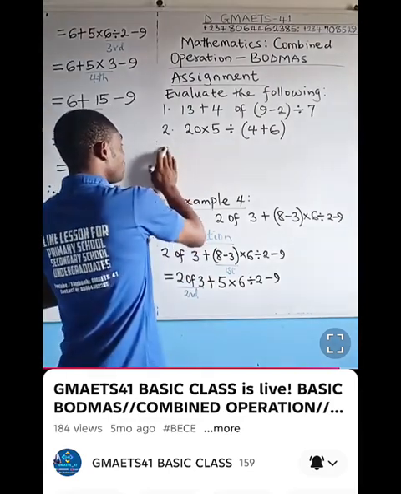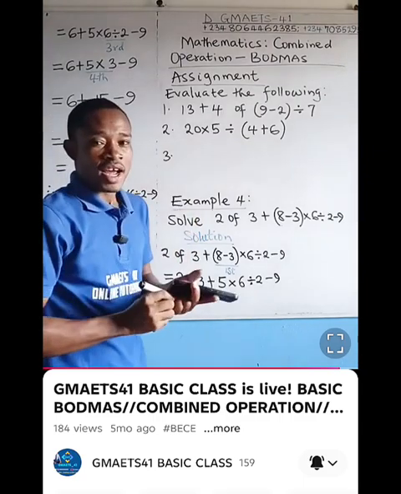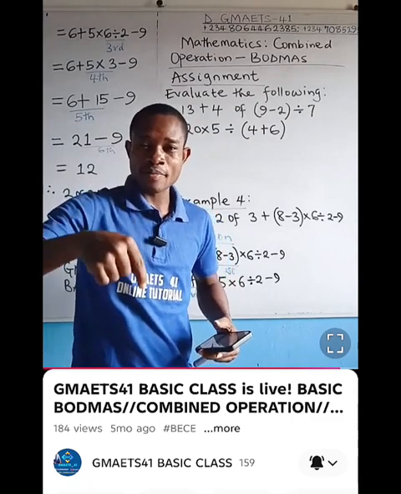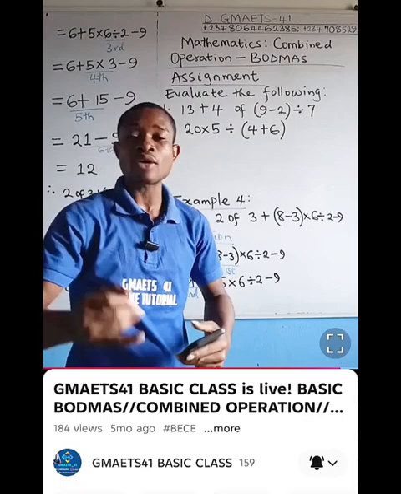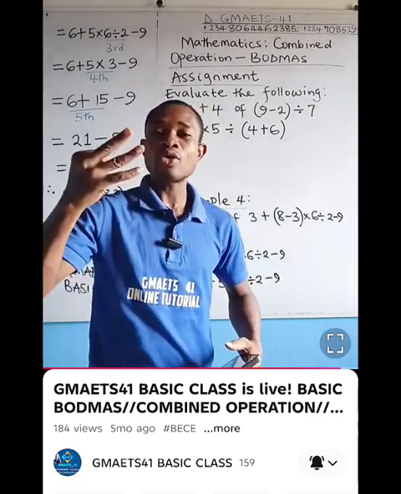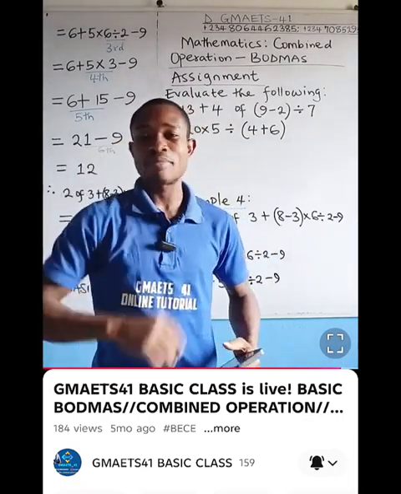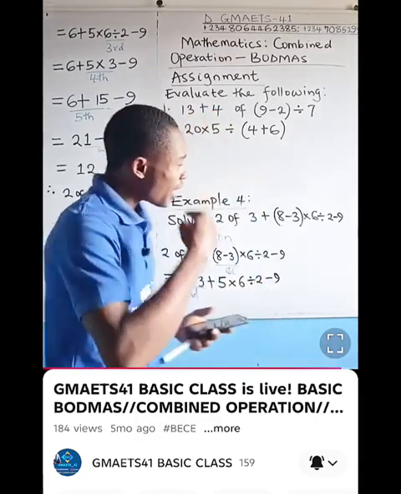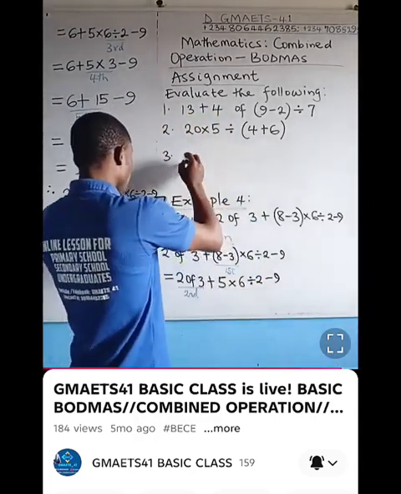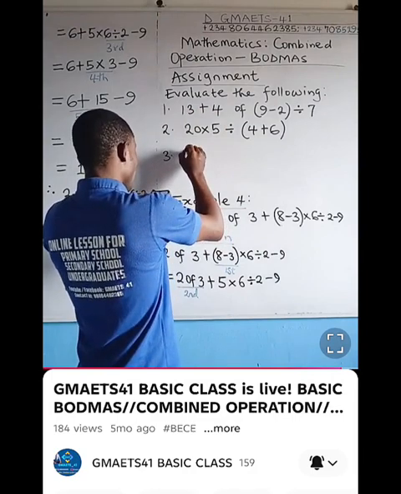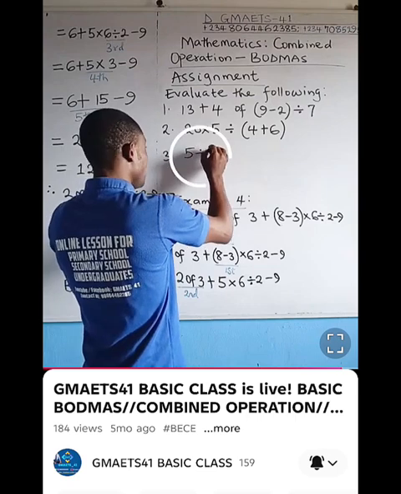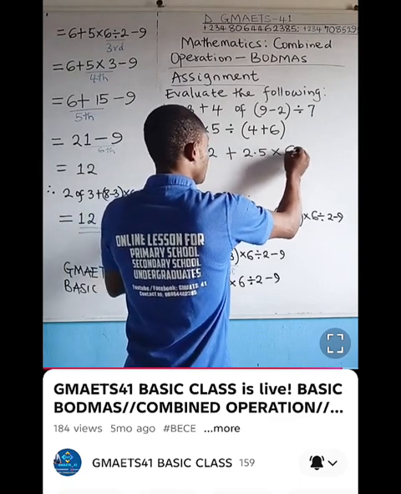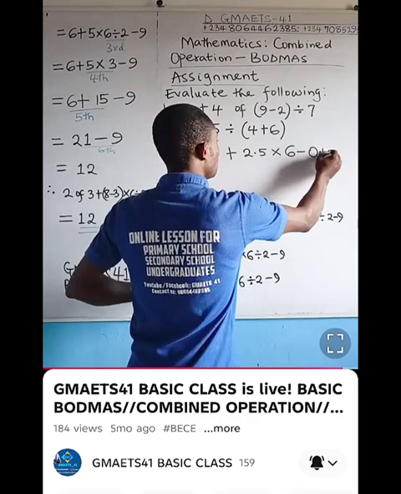You might not really like it, but you have to like it. The reason is that I am not owing you on this particular number. I have taught how to add, subtract, multiply and divide decimal numbers. So since this is an assignment and I have taught you all of this, I would like you to use that knowledge to solve this third one. You are to evaluate 5 divided by 2 plus 2.5 times 6 minus 0.5.